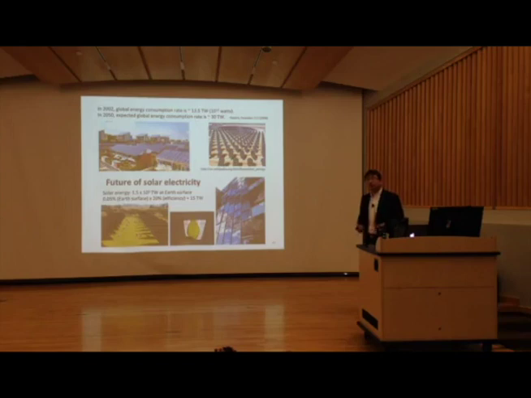So what can we do with solar? If you look at solar energy, we actually have a bunch of free energy from the sun. The energy received at the surface of the Earth is 1.5 times 10 to the 5th terawatts. And that means we only need to cover 0.05% of Earth's surface.